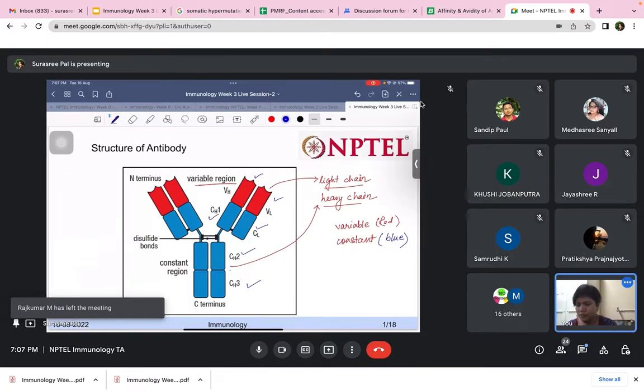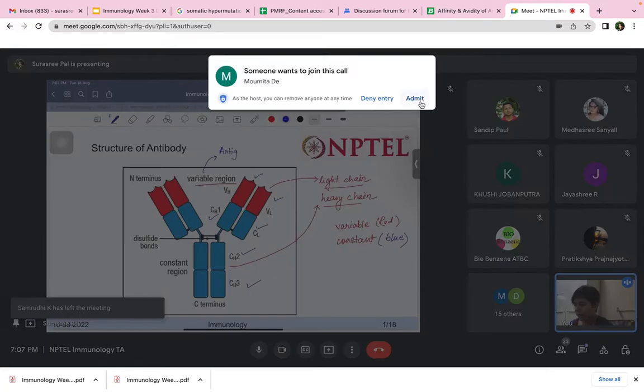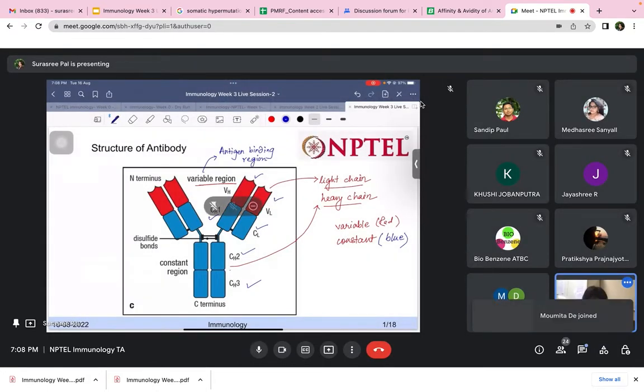Okay. So what is the difference between the variable region and the constant region? The variable region is responsible for binding to the antigen, so it is the antigen binding region. In the last session we were discussing some of the effector functions of the antibodies, like neutralization and opsonization.